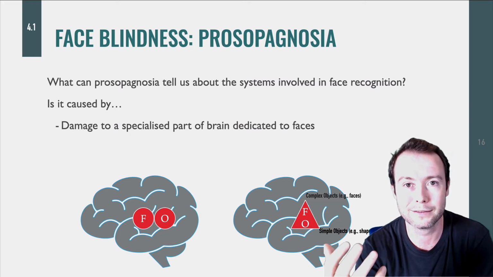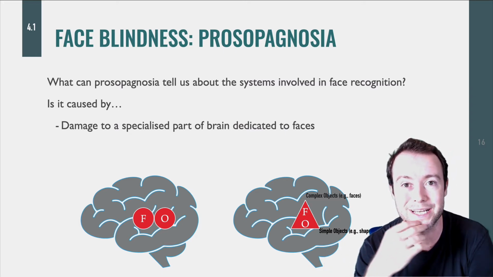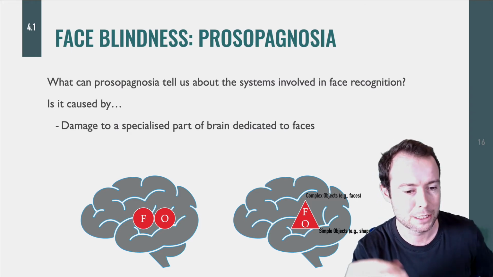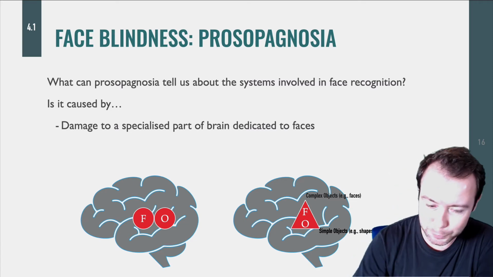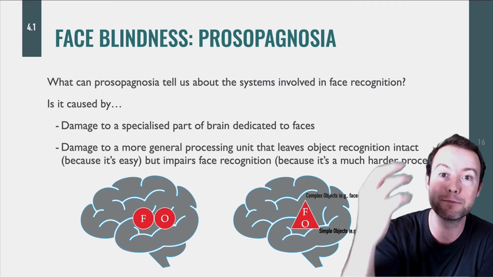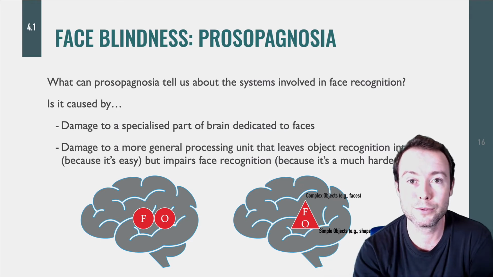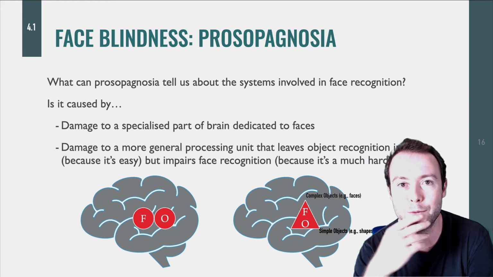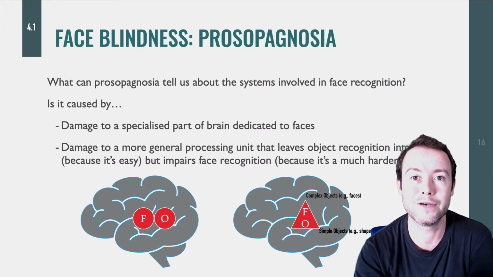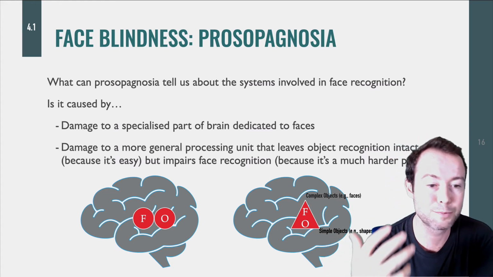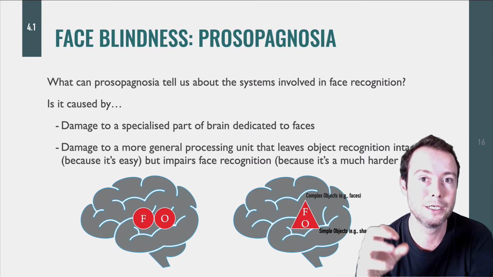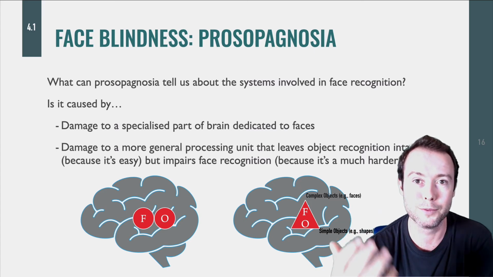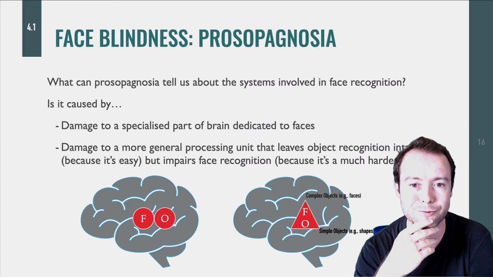We can't really definitively say that face processing is distinct from object recognition. For example, it could be the case that these patients have damage to a much more general object recognition system or processing unit, and we then see the impairment with faces because face processing just represents the most complex form of object recognition.